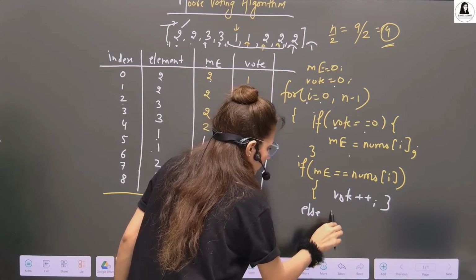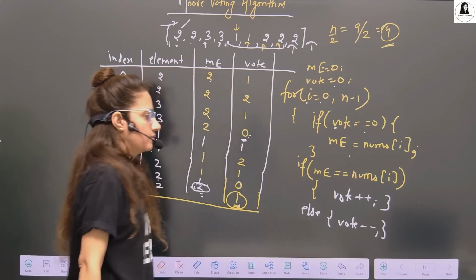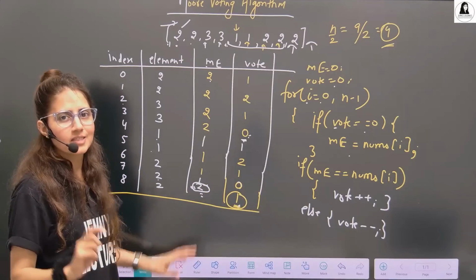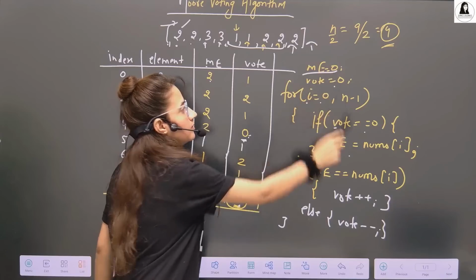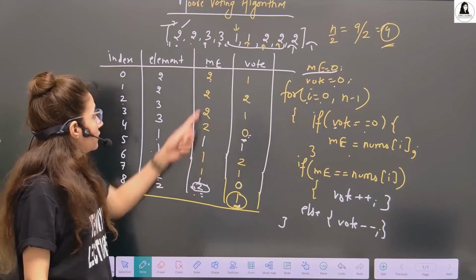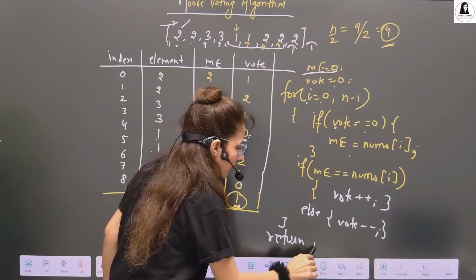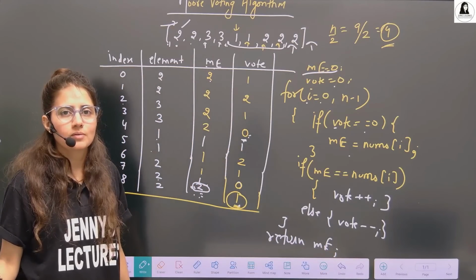Else, we will do vote minus minus. That's it. Simple. And at last, simply return whatever is in the variable majority element. So you can simply return ME.